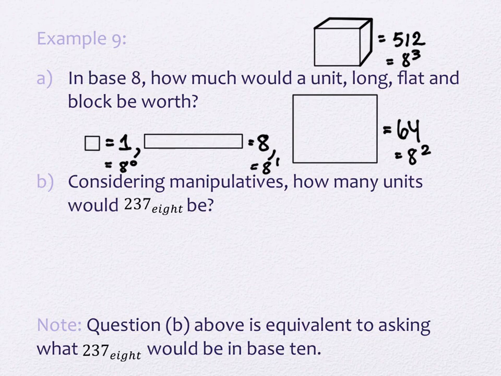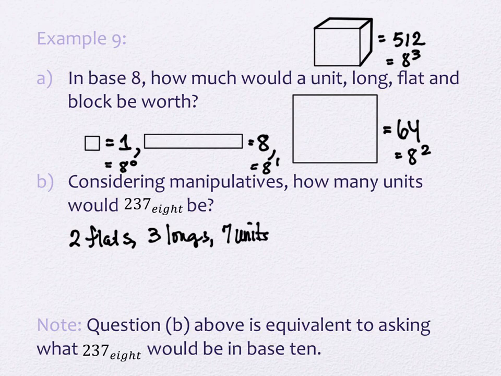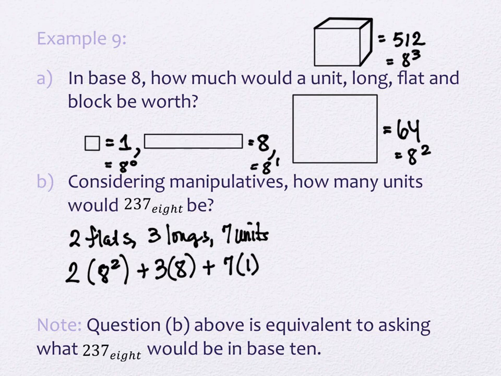Like if I had more Lego style blocks, and I could break them all apart into their individual pieces, how many individual pieces would I have? Well, I would have 2 flats, 3 longs, and 7 units. But in base 8, a flat is 8 squared, and a long is 8, and always a unit is 1.